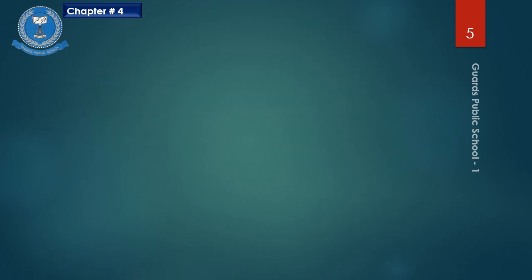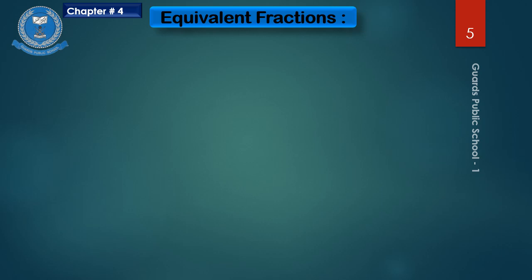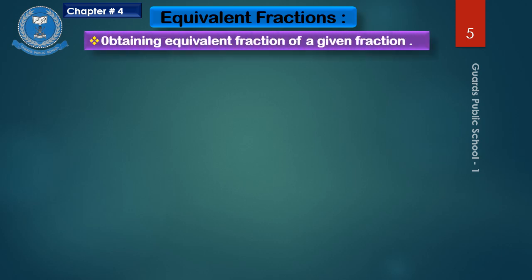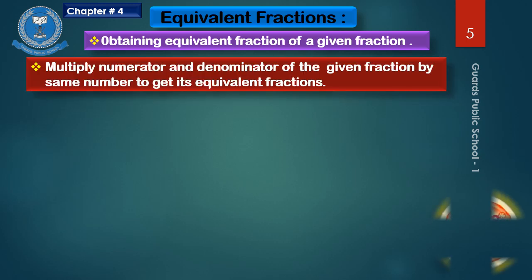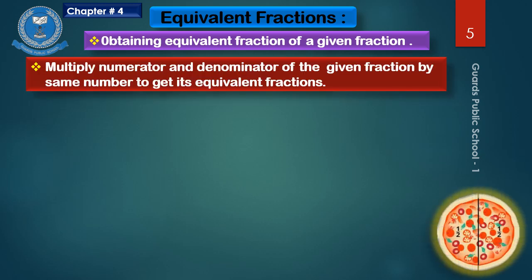Students, let's do an example from your book exercise to understand more clearly. For obtaining equivalent fractions of a given fraction, we have to follow this point. Multiply the numerator and denominator of the given fraction by the same number to get its equivalent fractions.